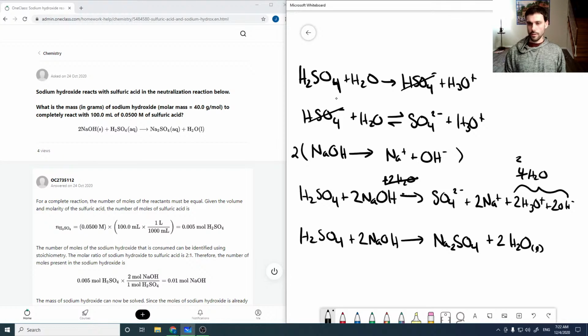It should be 2, because if we look, there's 4 plus 2 oxygen, so that's 6. So we need 6 oxygens on this side, which is what we have. 2 plus 2 hydrogens is 4, so now we have 4 hydrogens, so that's the only way that this chemical equation will balance. But the number of waters don't really change the question or the solution, so that's the reason why it was left off in the question.